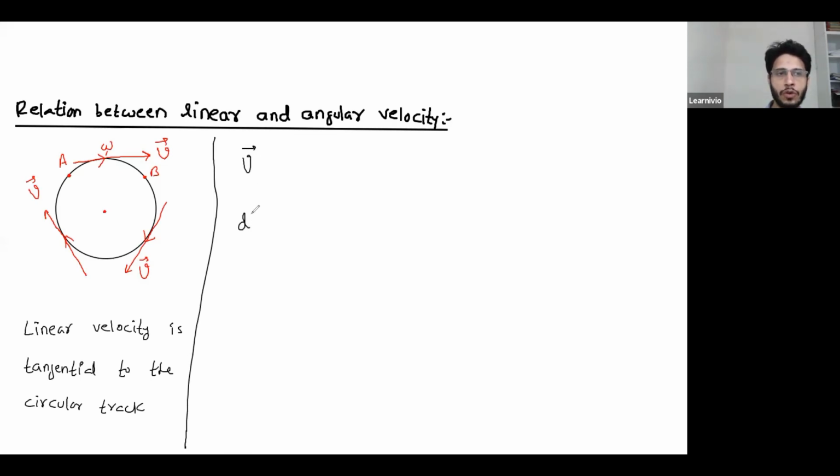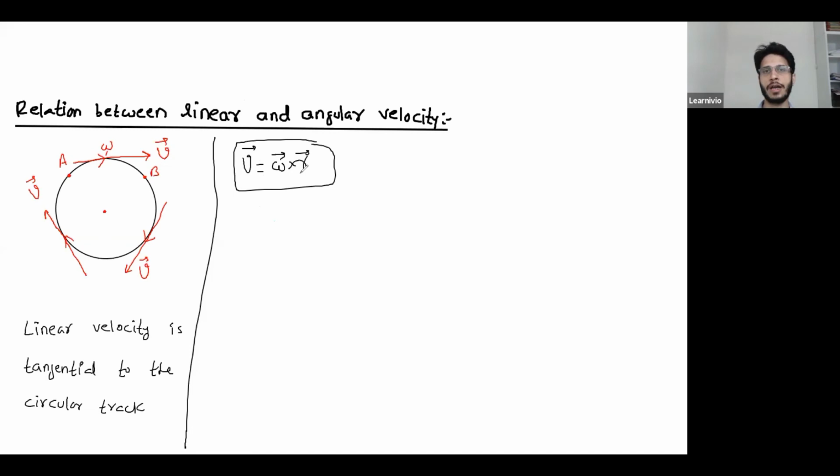If you look at the pattern, linear displacement is d theta cross r. If you remember this pattern, you can relate linear and angular velocity, and linear and angular acceleration. Like linear displacement is angular displacement cross r, so you can write linear velocity as angular velocity cross r. So v is omega cross r. That's the relation between linear and angular velocity.